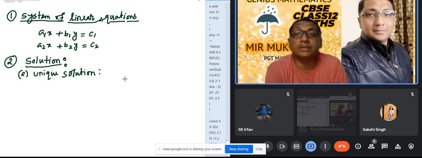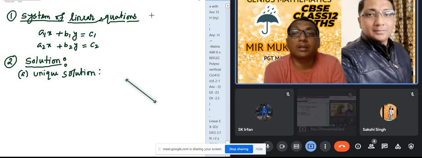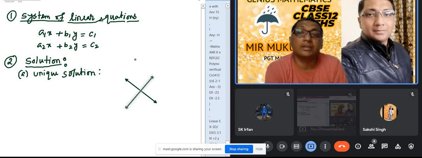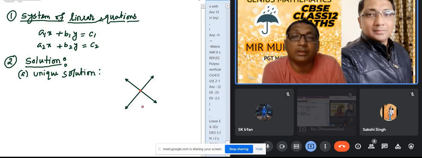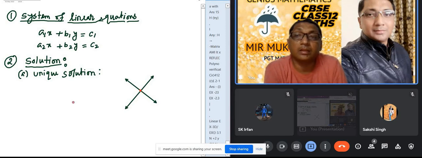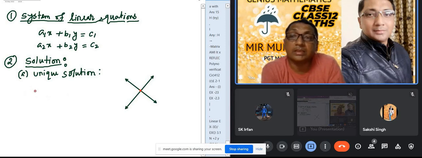So you will observe the graph will be two intersecting lines. Then you will get one solution. Why? Because the intersection between these two lines will be only one here. So only one solution we are getting. So these will be intersecting lines.